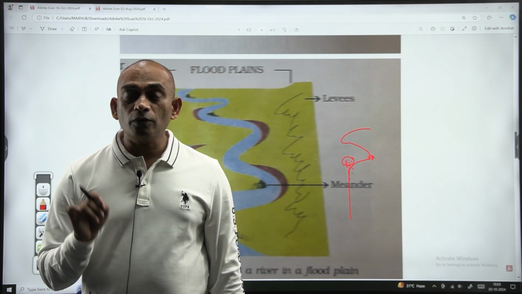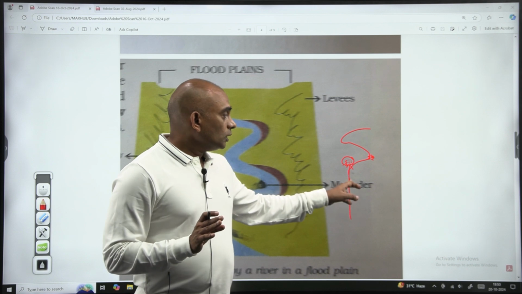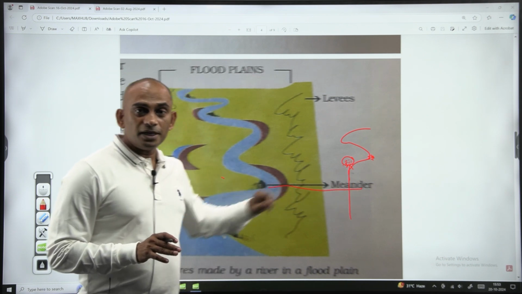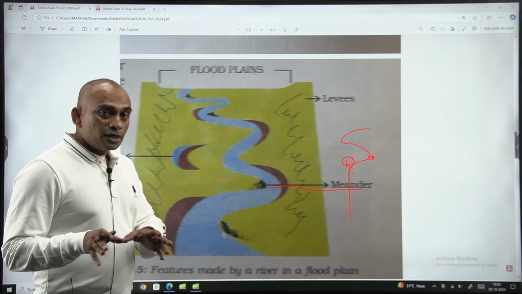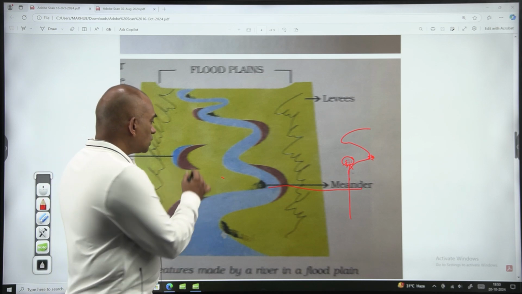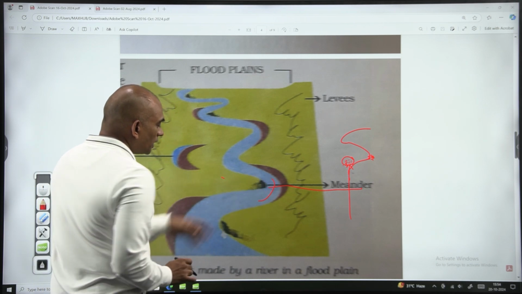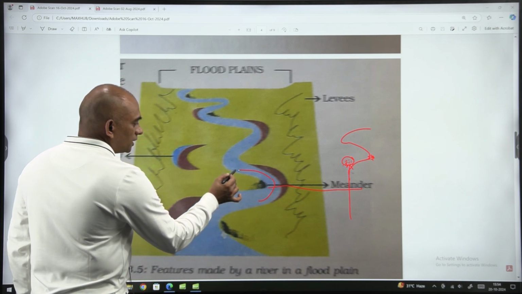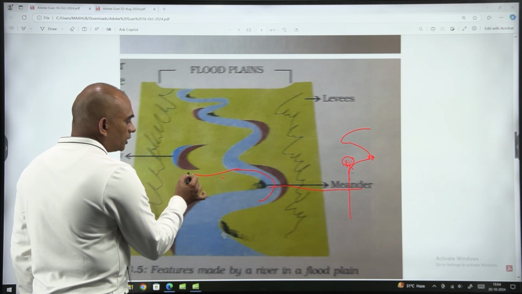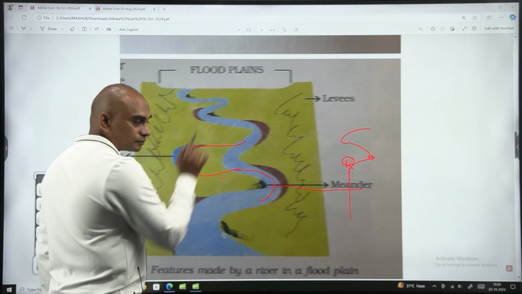These bends formed in its course are known as meanders. So this erosion and deposition is a continuous process. Look at this particular point, here a river once upon a time was flowing like this.